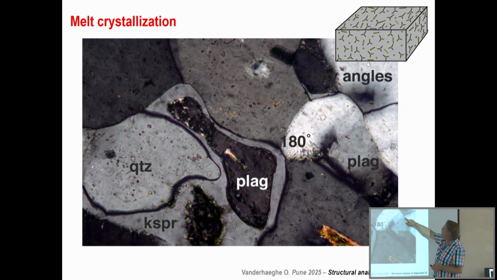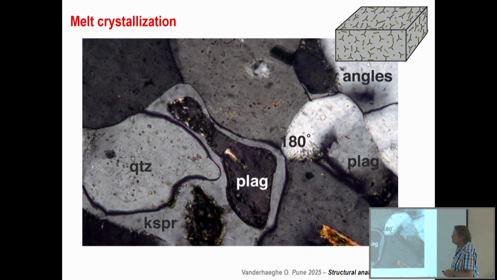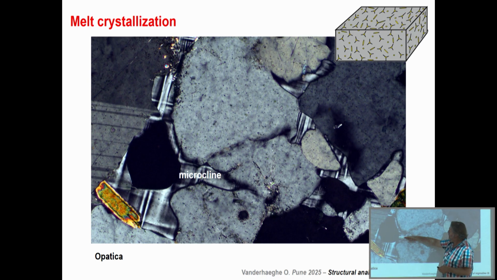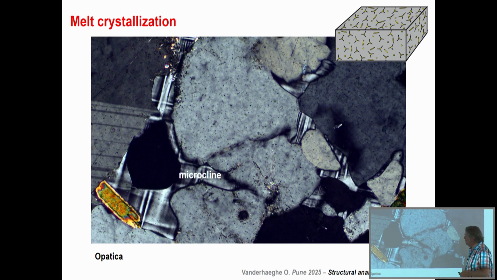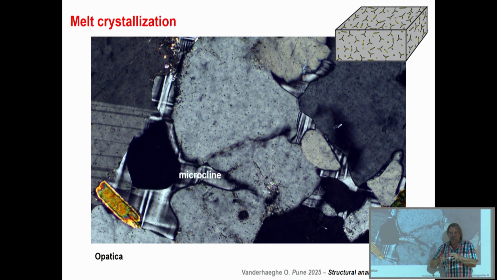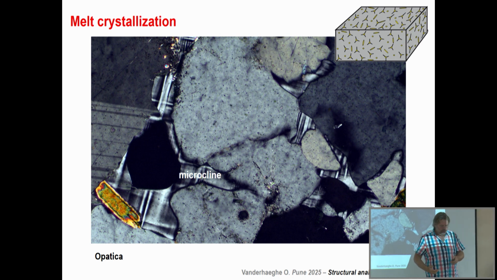And in other places you have these 120 degree angles that are preserved. Same here with microcline, making a film around biotite, quartz, K-feldspar. So that most probably also was a melt film that crystallized, and it's been preserved. It's not been recrystallized.